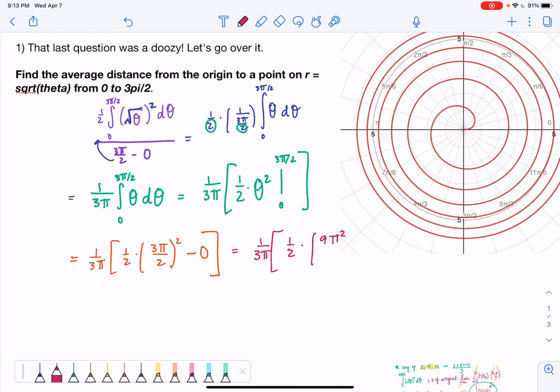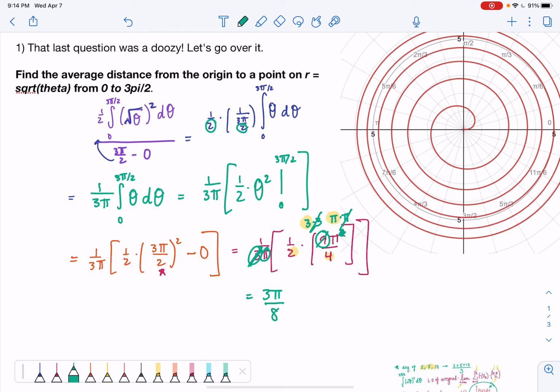Pi, and one of the pi's, we have pi times pi, so goodbye one of them. 3, and one of the 3's in here. And then that's just 3 pi in our numerator. One 3 left, one pi left. And the 2 and the 4 are still there as well. So 3 pi eighths. That was fun. I hope you enjoyed that.